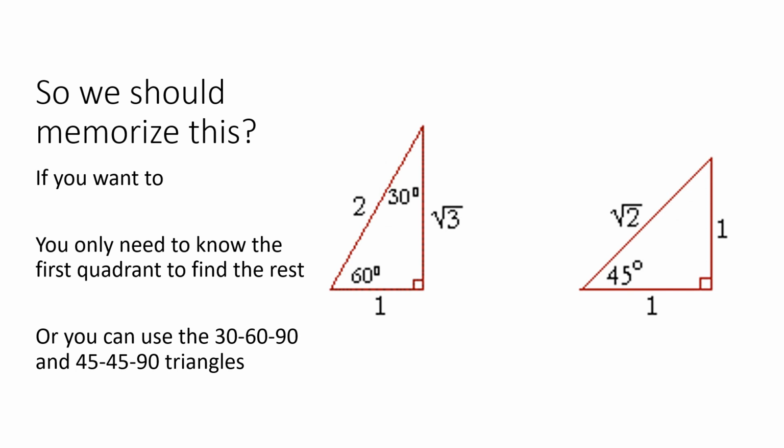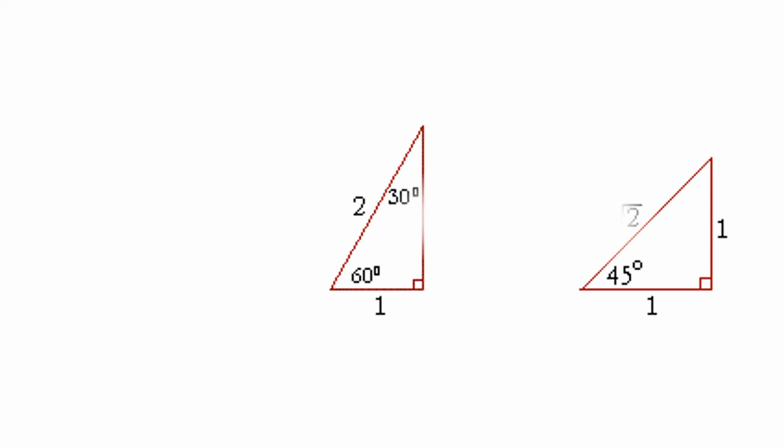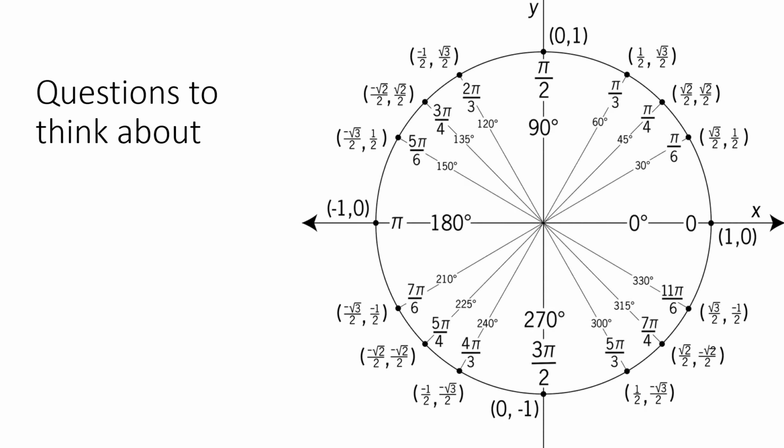You could find out the first quadrant by doing these 30, 60, 90 triangles or 45, 45, 90 triangles, because everything else is just the same numbers, just in different orders. And so you can use the bow tie triangles to figure it out.